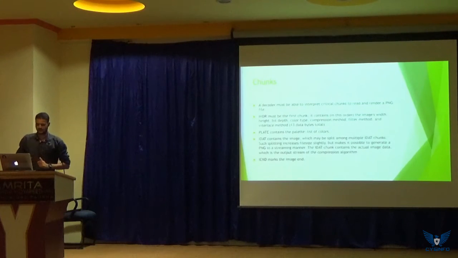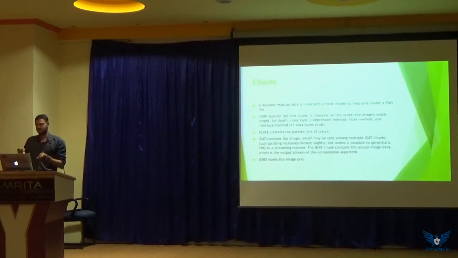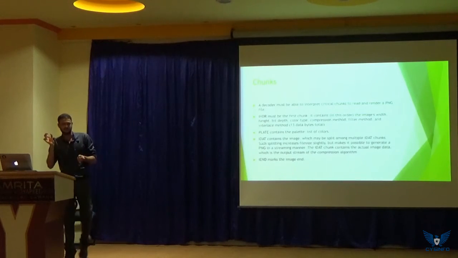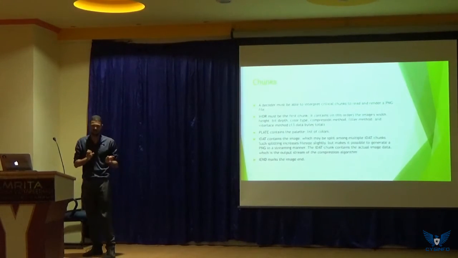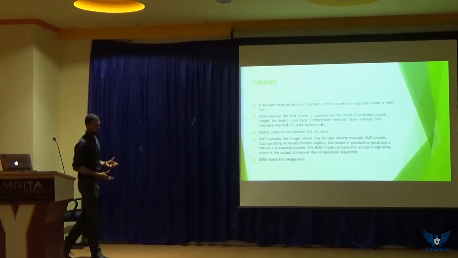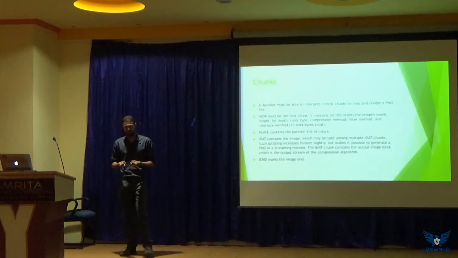Then there is PLTE. PLTE contains the list of colors, the color coding, what colors are used and how much they have been used, right? Then it's IDAT. Now, IDAT is a very important chunk. This contains the actual data.